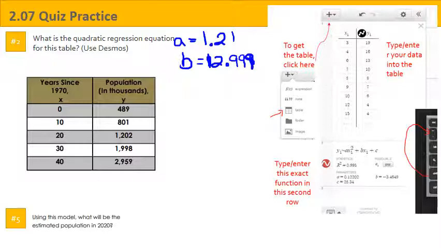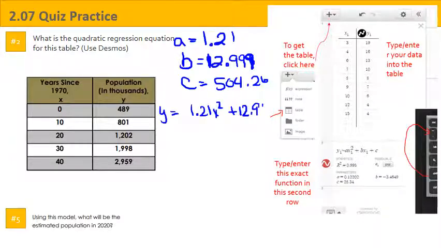And then your C is 504.257, which will be 504.26. Here we go. So your quadratic regression equation is going to be y equals 1.21 x squared plus 12.999x plus 504.26. So that is your quadratic regression equation.